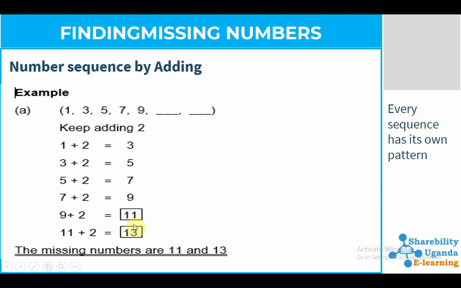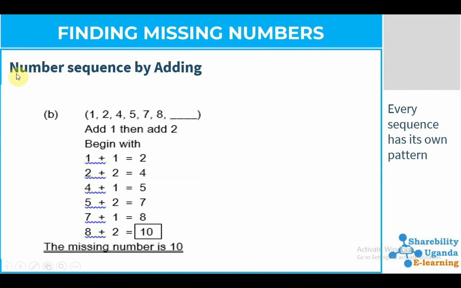Then the number you have got as an answer, you still add 2, and you will get our answer. So in conclusion, you can say the missing numbers are 11 and 13. That is the concept of how we can get our next number. Okay, let's go ahead and look at other different examples as we see how we can get familiar with these problems of solving the missing number or the next number.